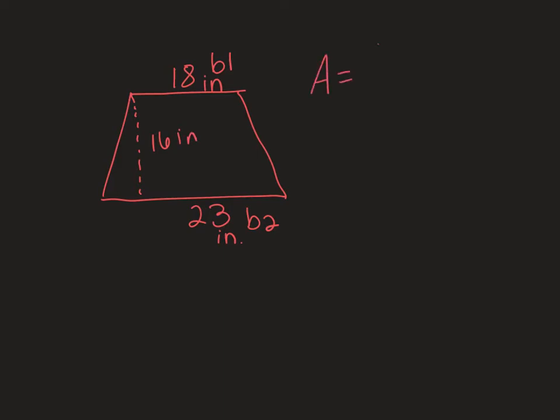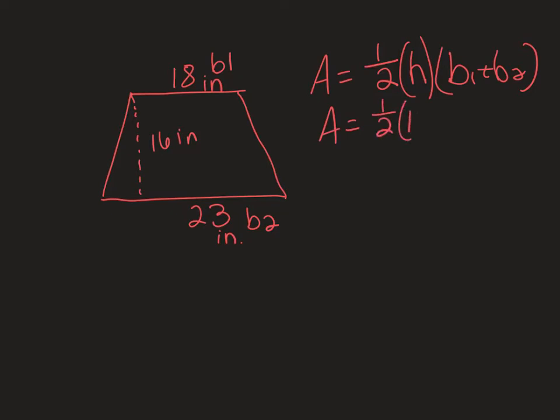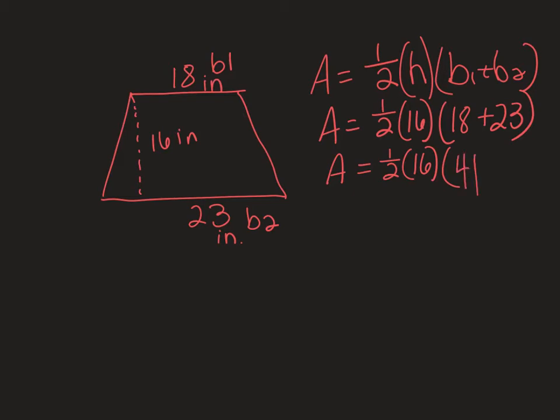Area equals 1/2 times height times, inside the parentheses, you're going to add your bases together, B1 plus B2. So now let's plug in our formula. 1/2 times 16 times B1, which is 18, plus 23. Now let's move on. 1/2 times 16, and then 18 plus 23 is 41.